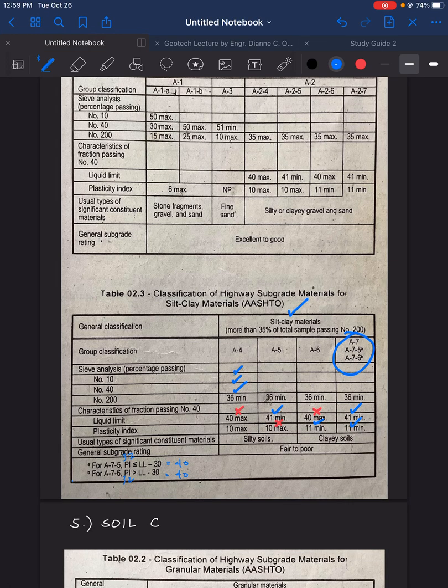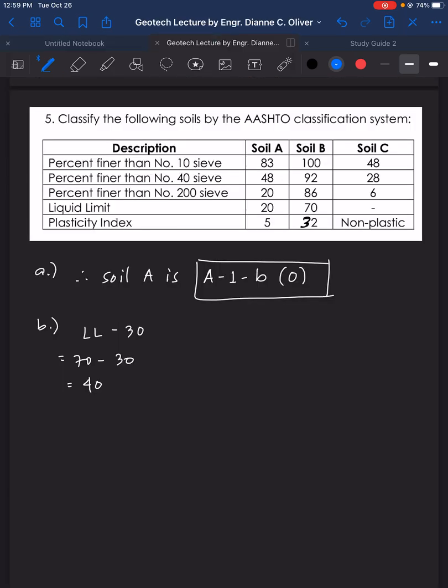So A-7-5. Okay? So we have here, we need to solve for GI.